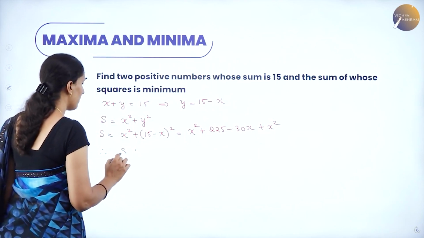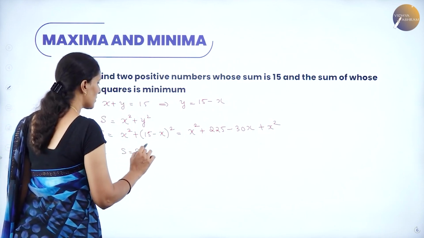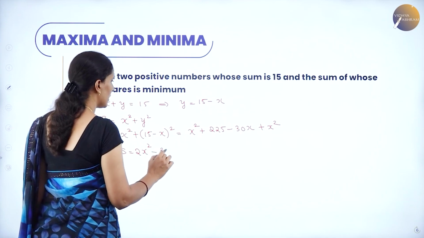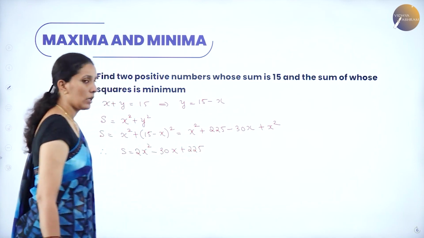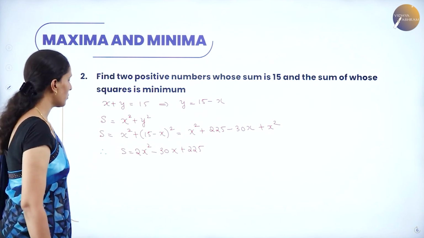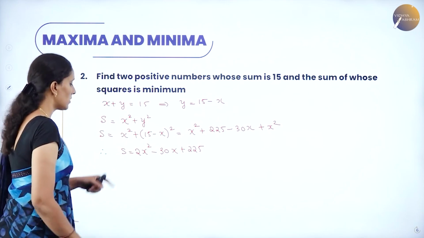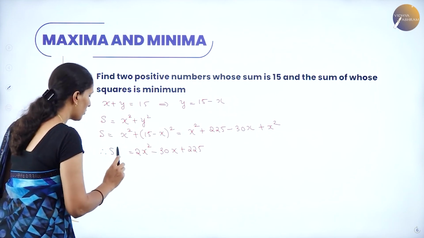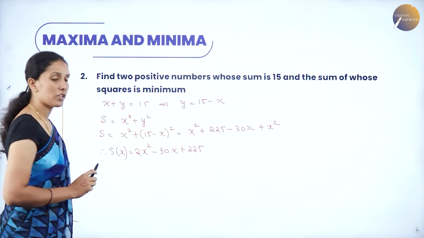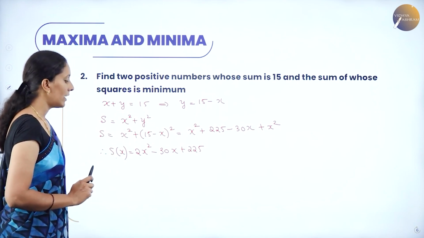Therefore, the sum is 2x square minus 30x plus 225. So, let me derive it with respect to x here. Here I am going to write the sum as S of x. Now, let us derive this.